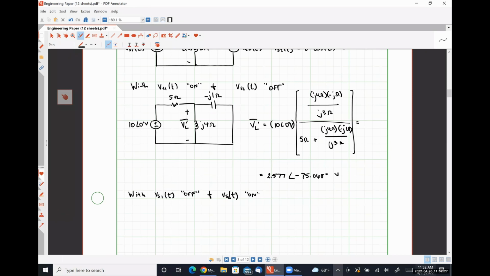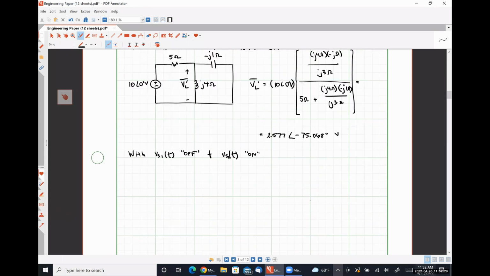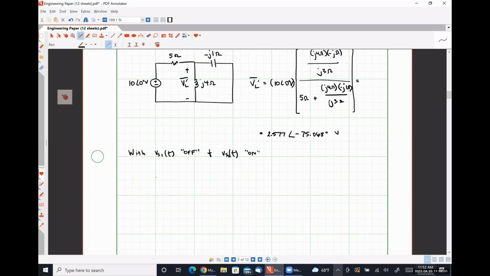And so what that's going to look like is we have our VS1 voltage source shorted out, our 5 ohm resistor still looks like a 5 ohm resistor.